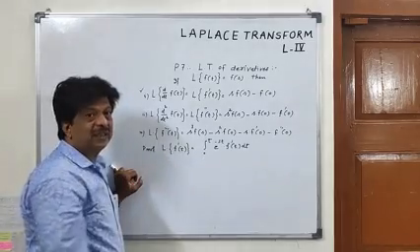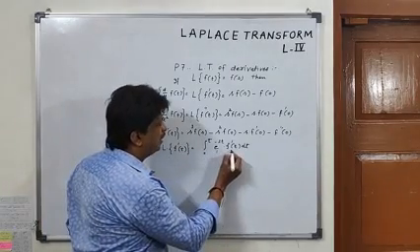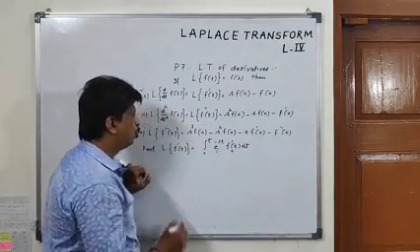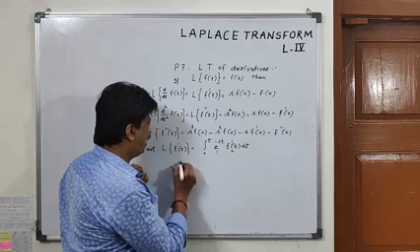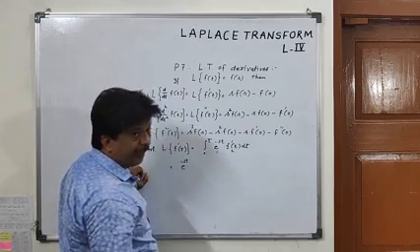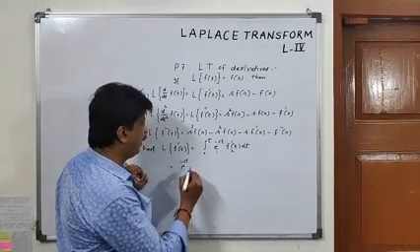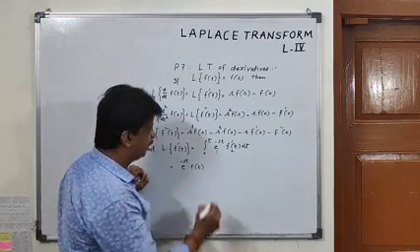Now integrate this by choosing this exponential as the first function and this as the second function. So first function is e raised to power minus st into integral of f prime of t, it is f of t. First function into integral of second.